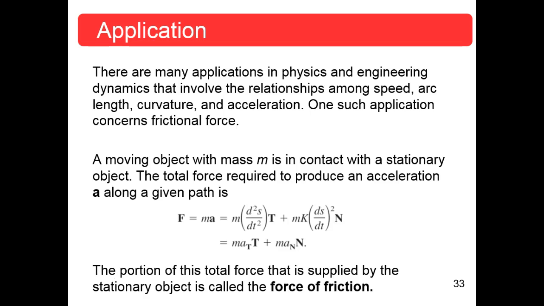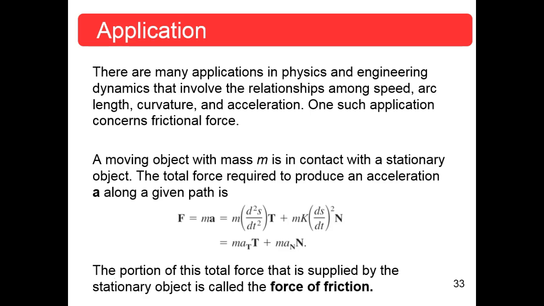So this will be ma. Why didn't they say this in the first place and then do the other? I don't know. That would have made a lot more sense. A tangential component times the unit tangent vector plus ma, the normal component of your acceleration vector, times the unit normal vector.